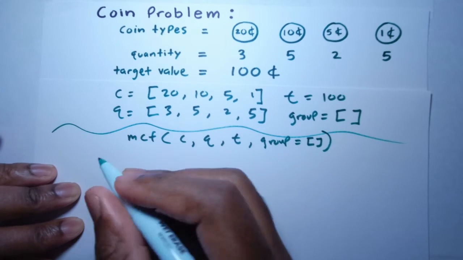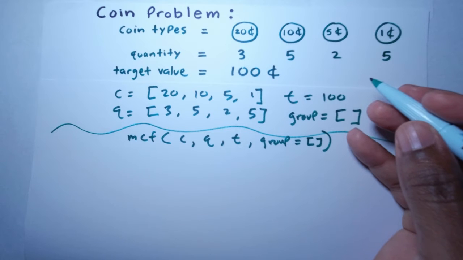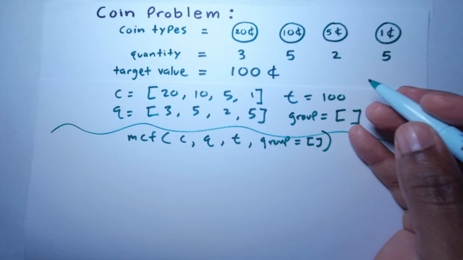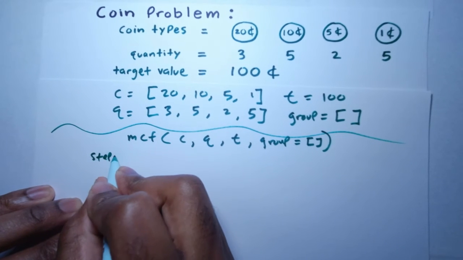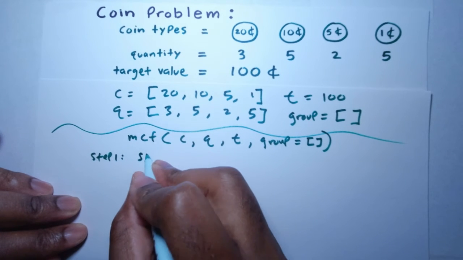So let's discuss this from a really high level, because again, I want to make sure that you guys understand this from the more fundamental aspect, and then that way you can expand on that if need be. So step one. Step one is to store a copy of the group.